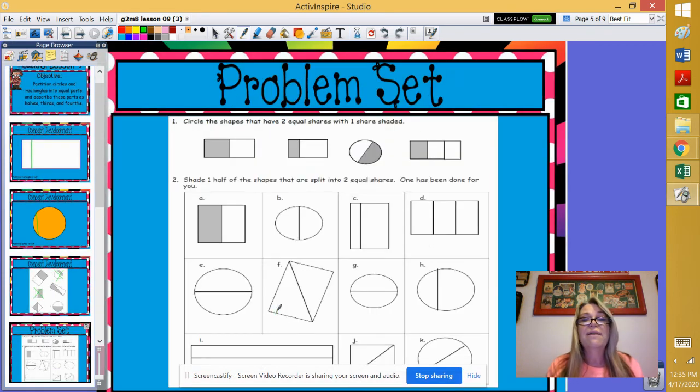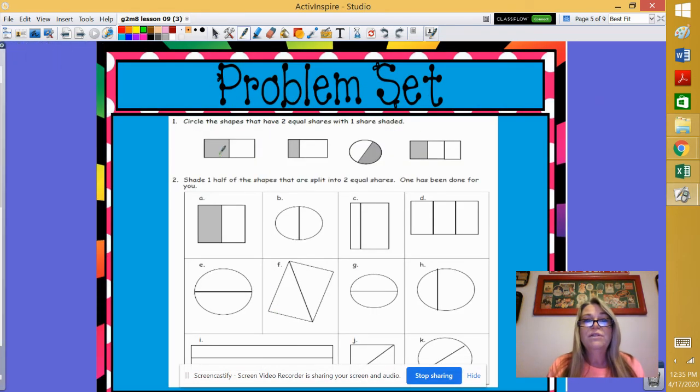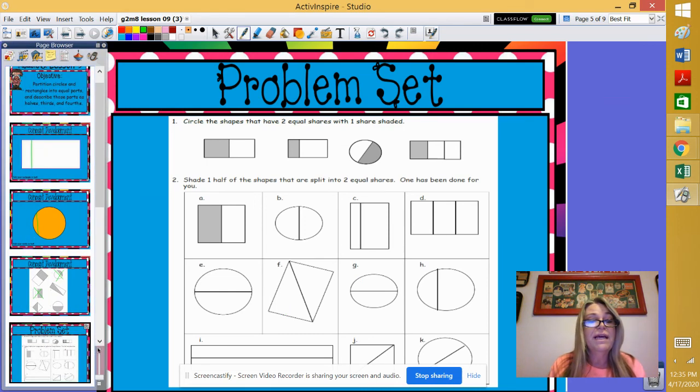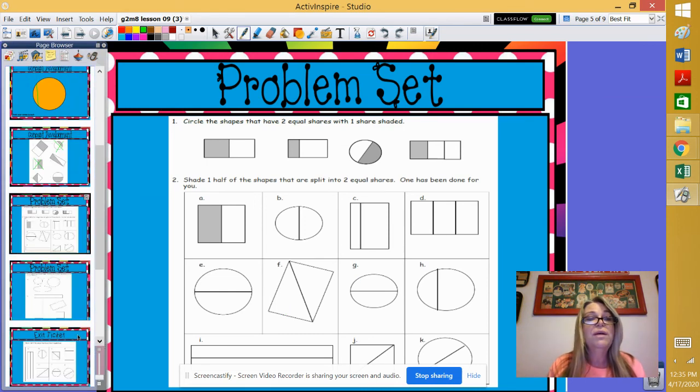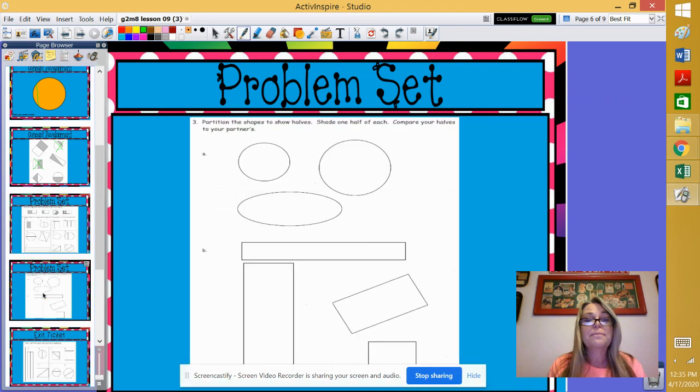Okay. You're going to have the opportunity with the problem set to circle shapes that have 2 equal shares, one of them shaded, just like the one we were looking at on the previous page. You have shaded and not shaded. And you're looking for 2 equal shares, one shaded. So when you go through the problem set, make sure you're reading those directions carefully and you're looking for 2 equal parts.